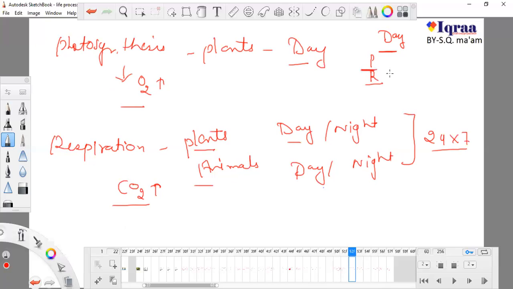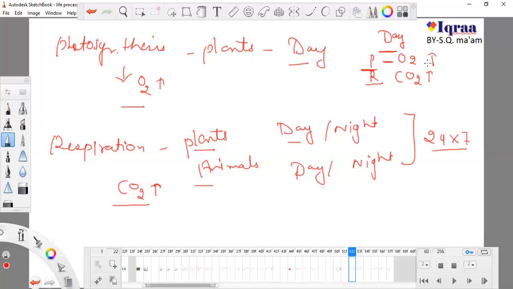We know that respiration has no limit and photosynthesis has a limit, which is daytime. So in daytime there is plenty of both of these gases, in much higher amounts.